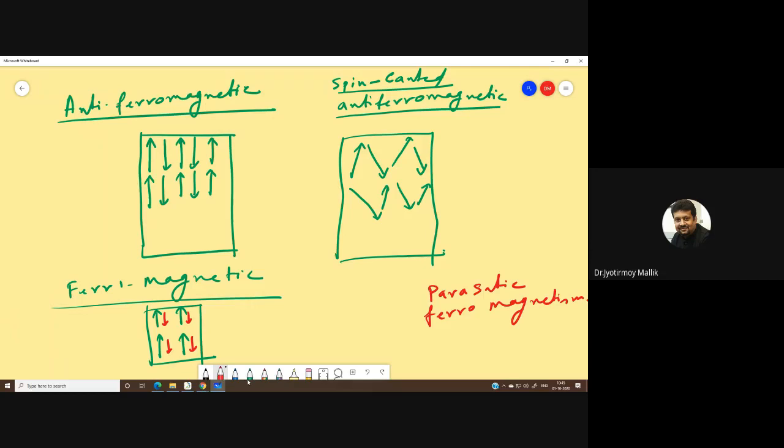So there is a defect, which means this alignment is not perfect, and that can result in some net magnetic moment in antiferromagnetic and spin-centered antiferromagnetic material. And in most cases, there are some defects.